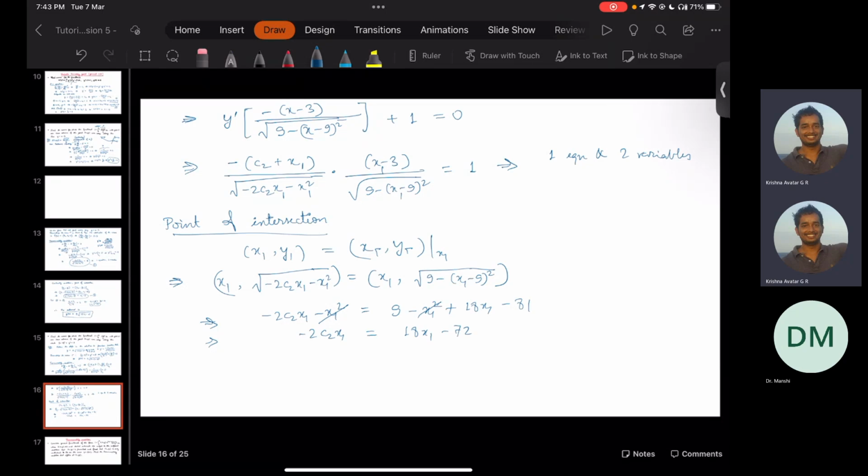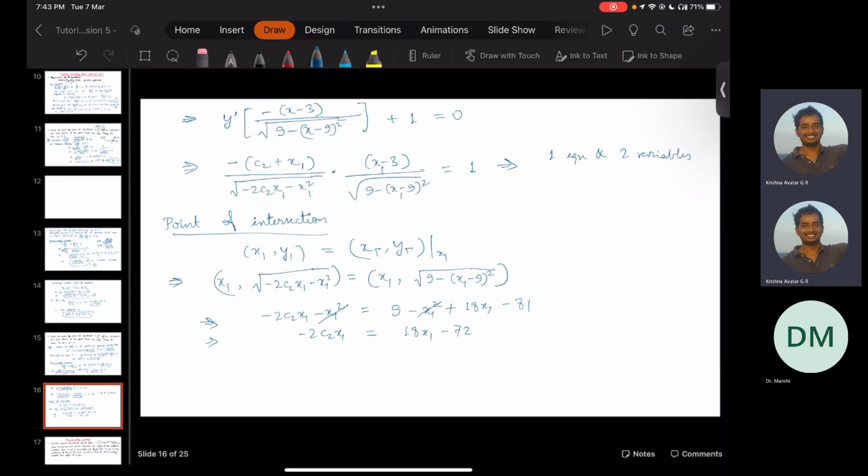So we'll have minus c2 is equal to, and also divide throughout by x1. So it is minus c2 is equal to 18, so 18 becomes 9, and this divided by x1 is just 9, minus 36 by x1, right?